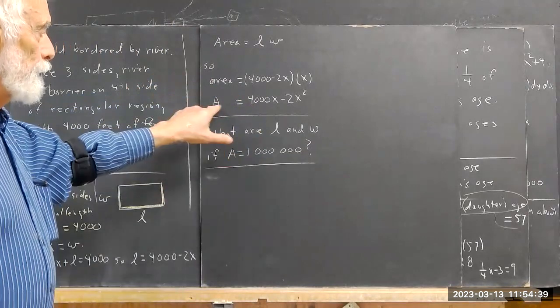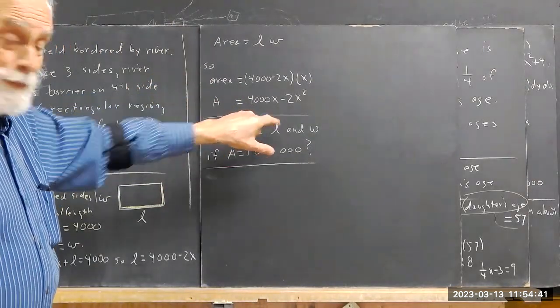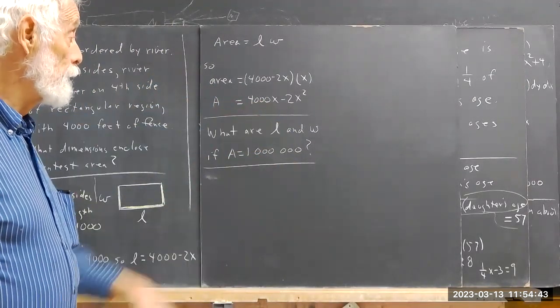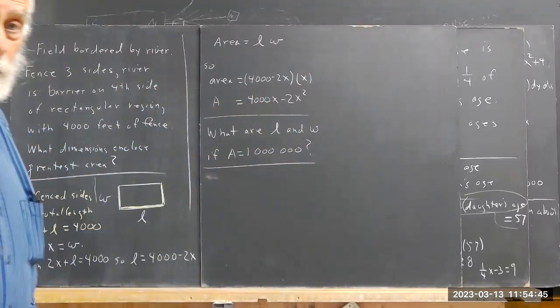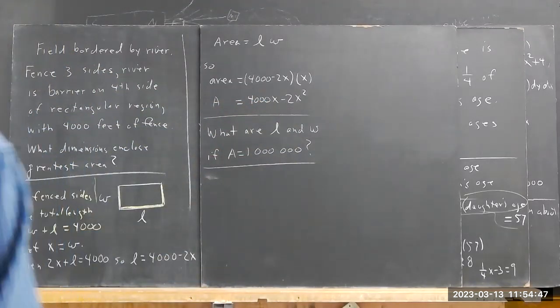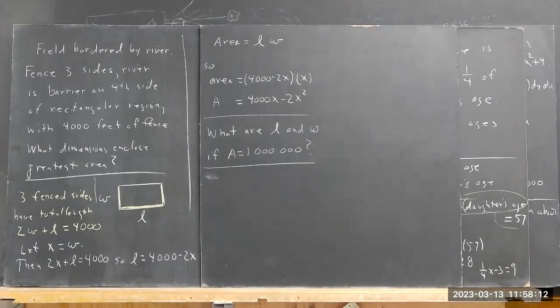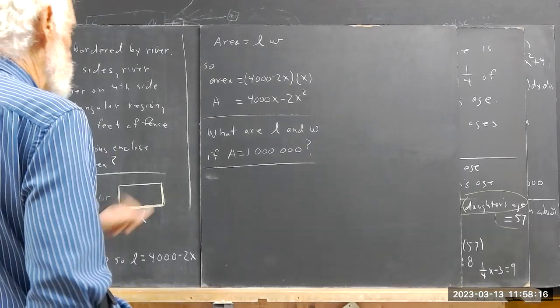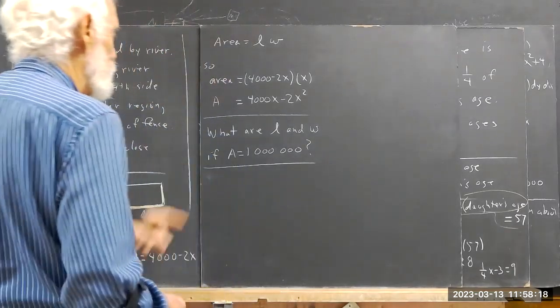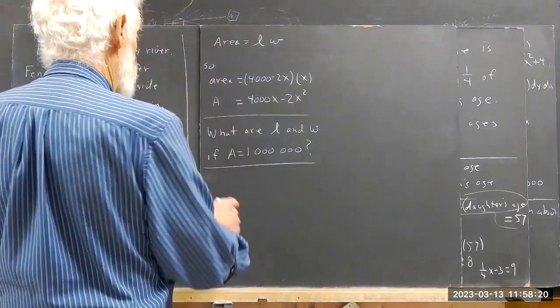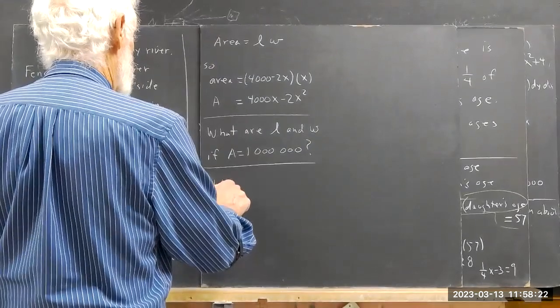Okay, we've got a function actually. It gives us the area as a function of X. What if the area is 1,000,000? What would L and W be? Well, the obvious thing to do here is put 1,000,000 in for A.